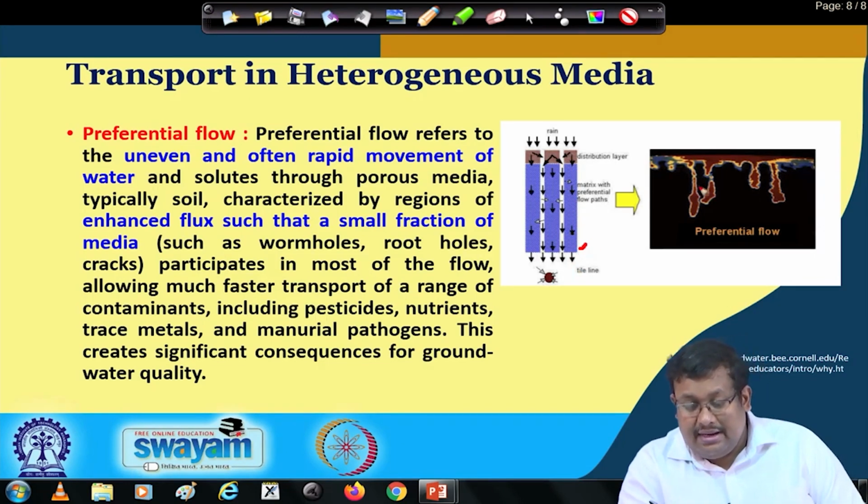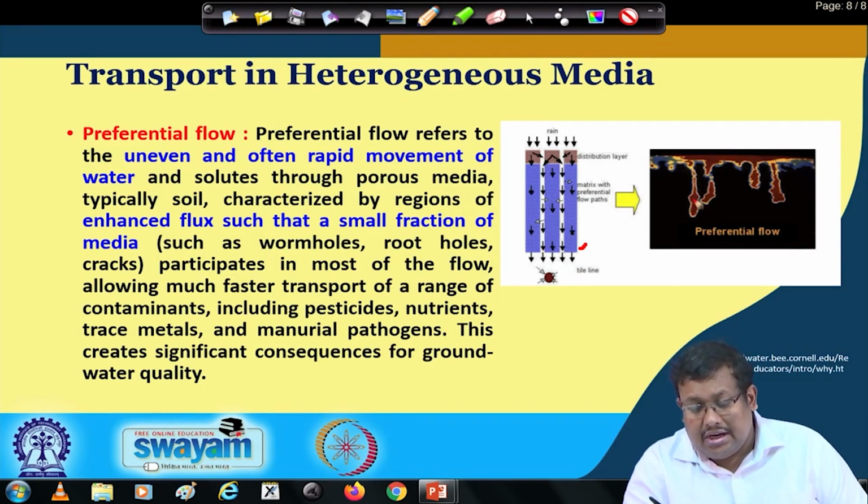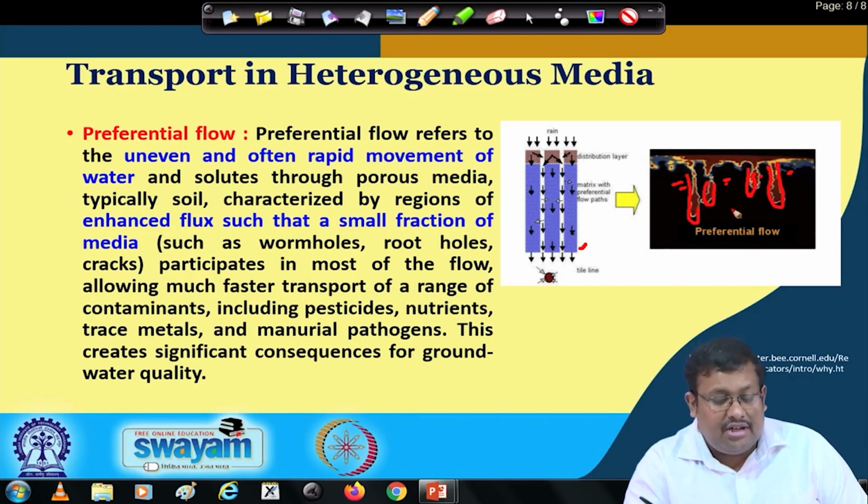Similarly, when there is a rainfall, the soil water is moving in these particular areas more rapidly than the surrounding areas. So, there is a preferential flow in these zones. This is called the preferential movement.